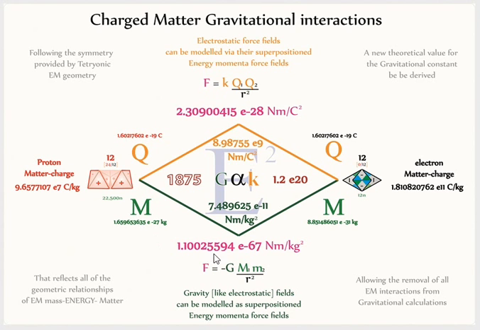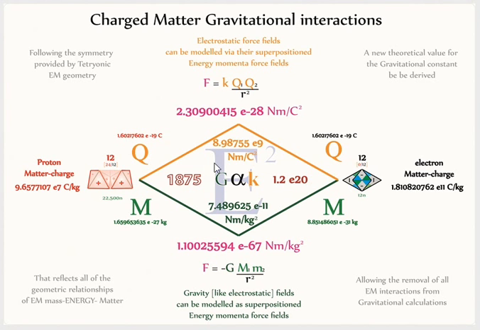Again, as I mentioned, we can apply Tetryonics and the knowledge that the mass matter of a proton is 1,875 times greater than that of an electron, and equally the quanta in an electron is 1.2 by 10 to the 20, or the Compton frequency of energy momentum quanta that makes up the mass matter of an electron is that amount.